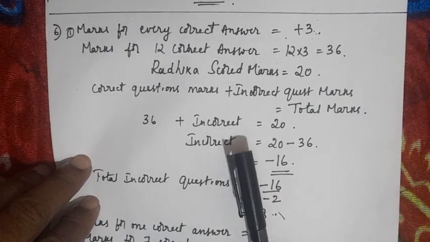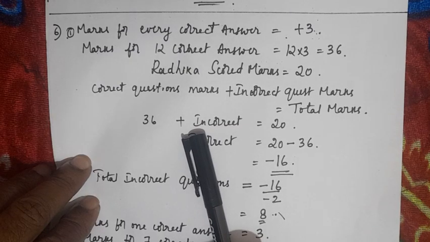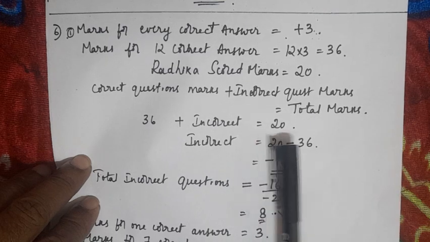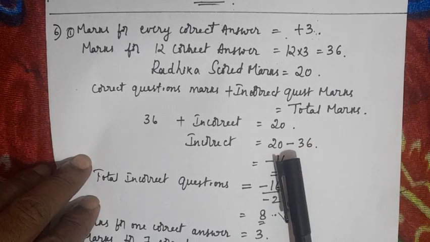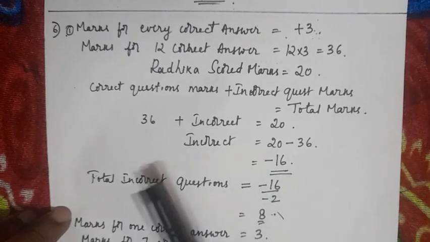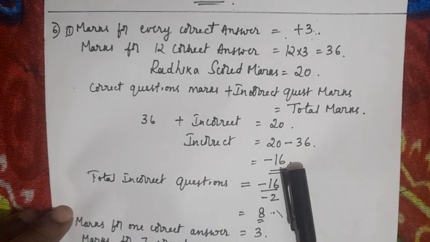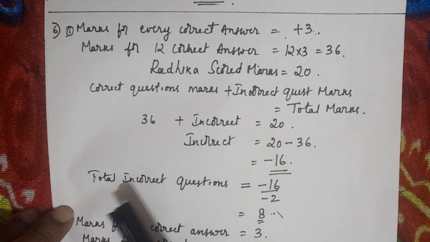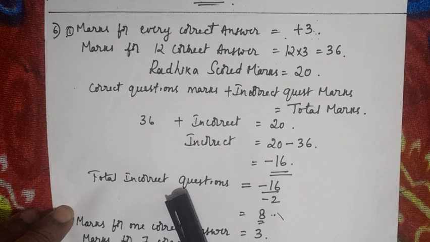So now we know the total incorrect question marks is equal to 20 minus 36, since 36 goes to the right side of the equation as minus 36. So 20 minus 36 is minus 16. She got minus 16 marks for incorrect questions. How many questions did she get incorrect?